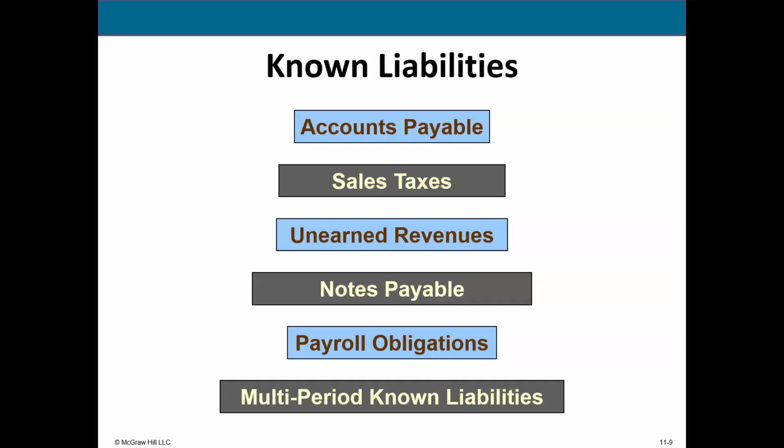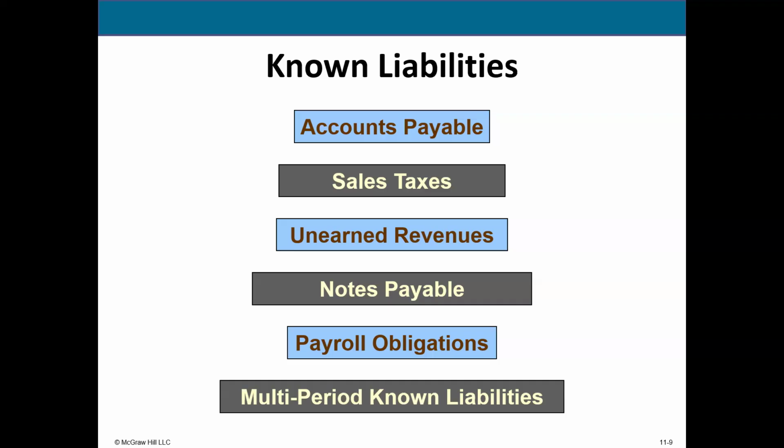This could be a short-term or long-term loan, depending on the type of loan that it is. Payroll obligations. I need to pay my employees. I need to pay payroll taxes. I need to pay payroll expenses.